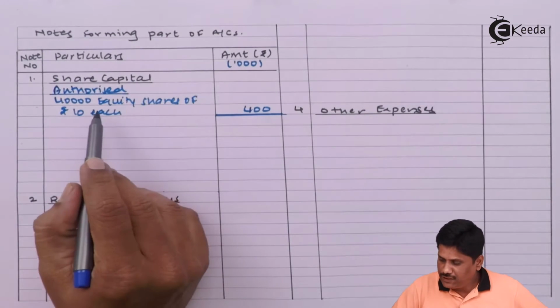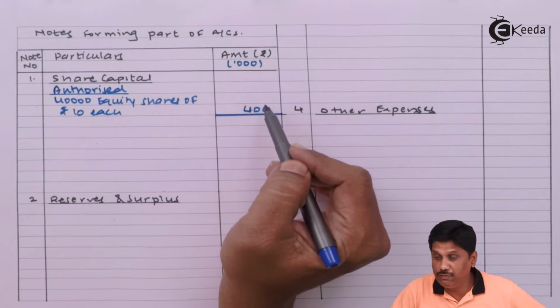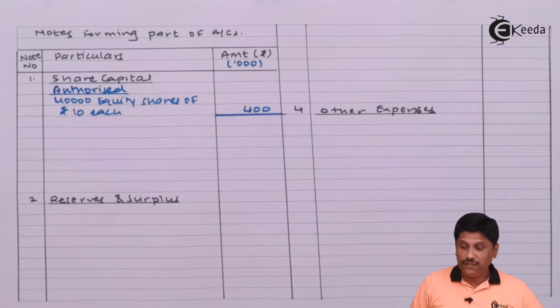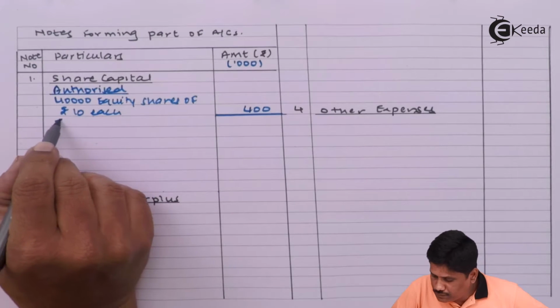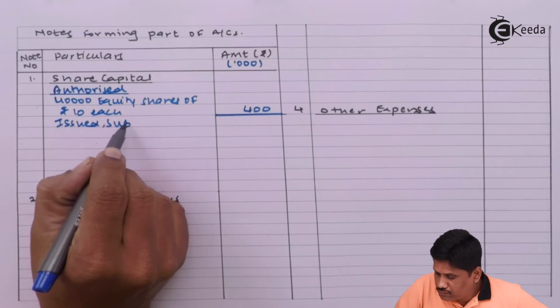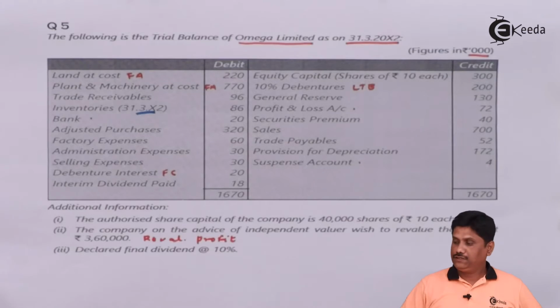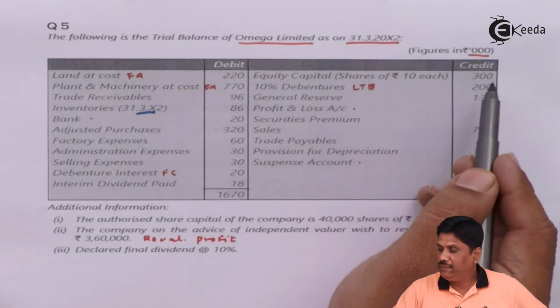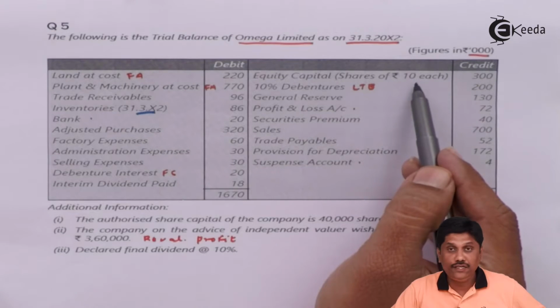Authorized share capital 40,000 equity shares of 10 each comes to 4 lakhs. If converted into thousands, it will be 400. Then here only I will write issued, subscribed and paid up capital. Friends, you can see equity share capital 300,000 and each share is 10.